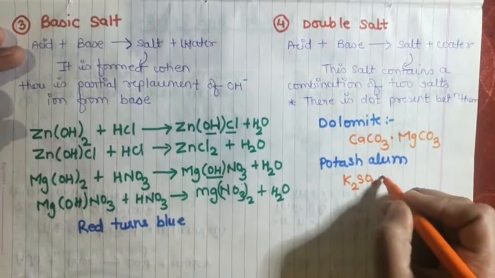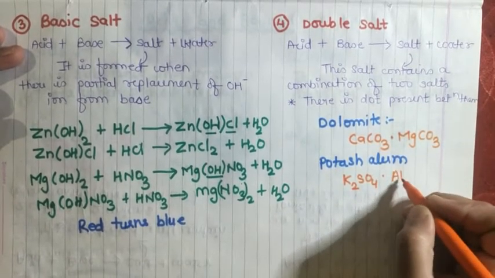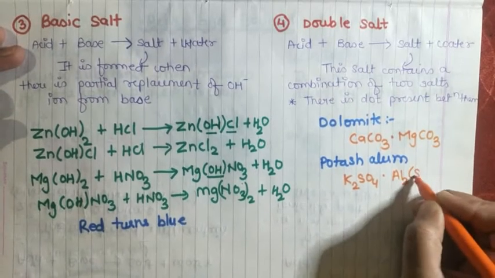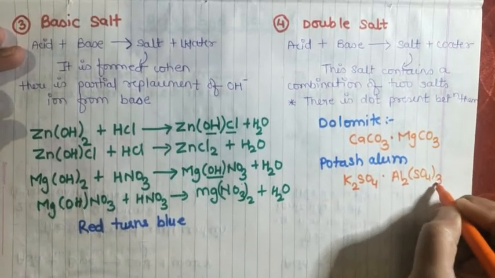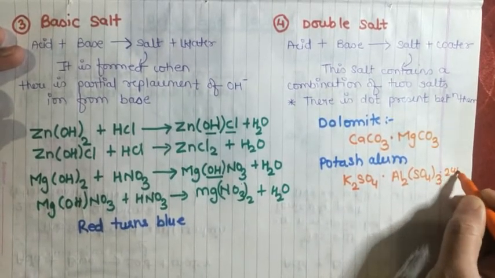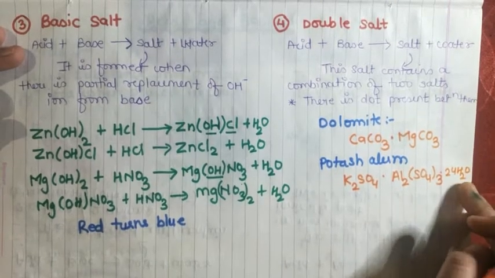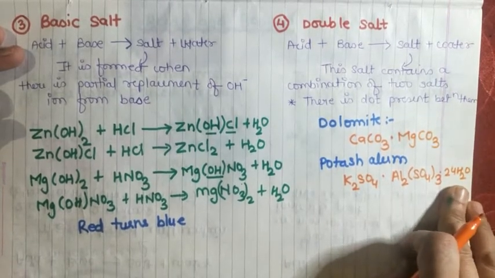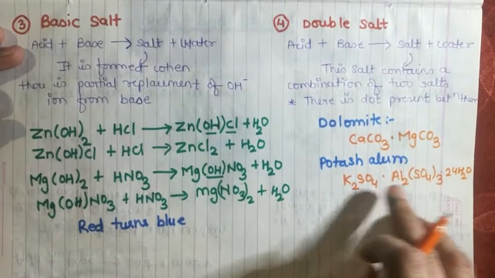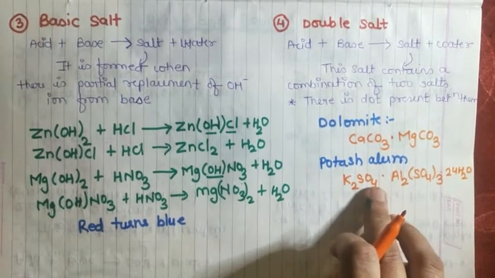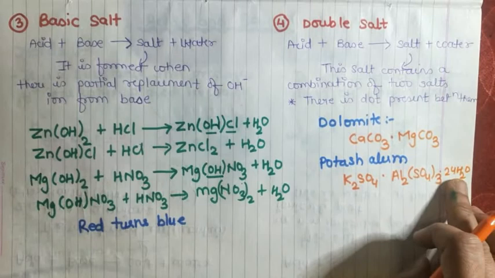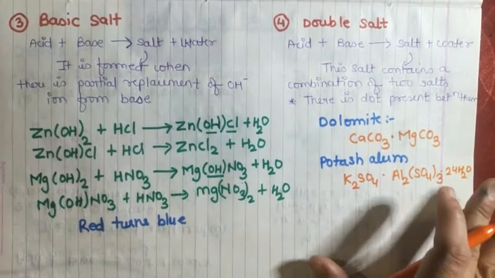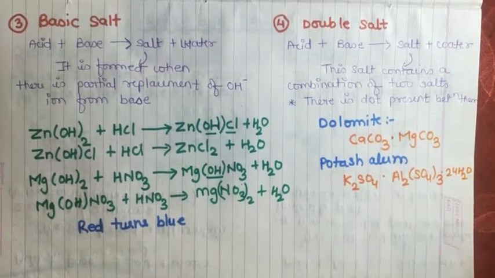K2SO4 dot aluminium sulfate, Al2(SO4)3 dot 24H2O. This is the water of crystallization, so we will not count this as salt, but these are two salts and they are separated by dot. So this is the double salt. If only water is there after the dot, that is not termed as double salt. So this you have to take care.